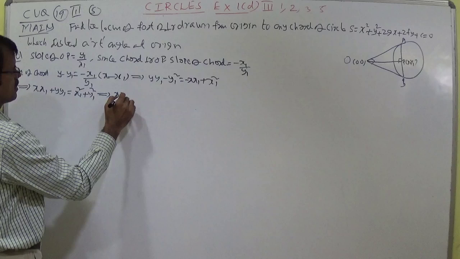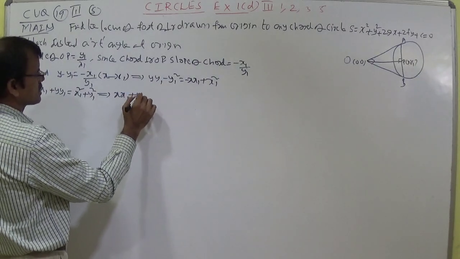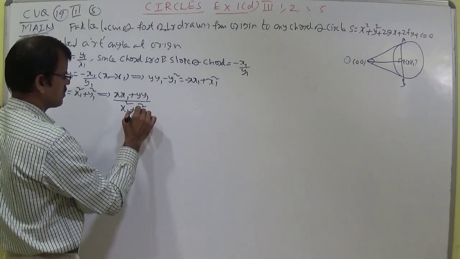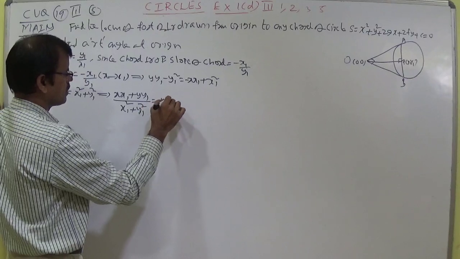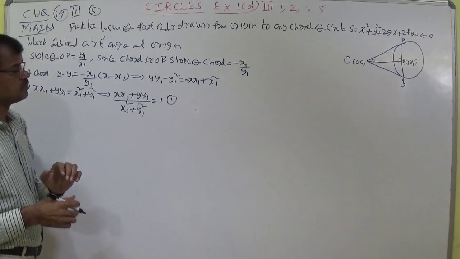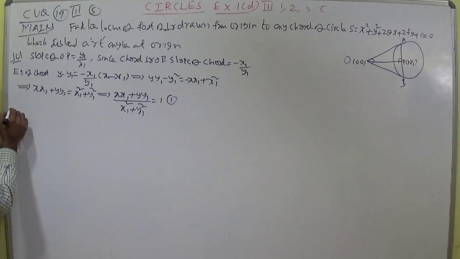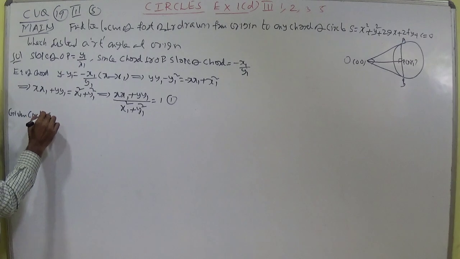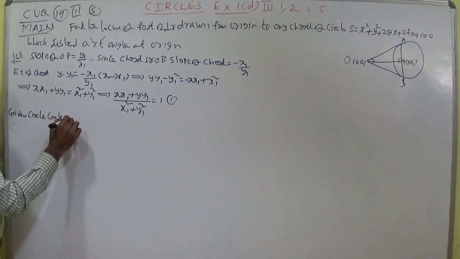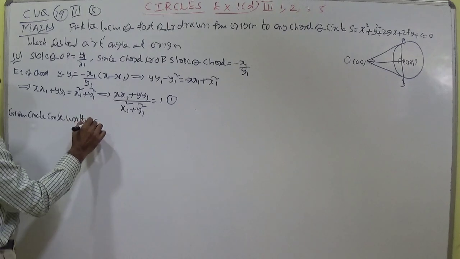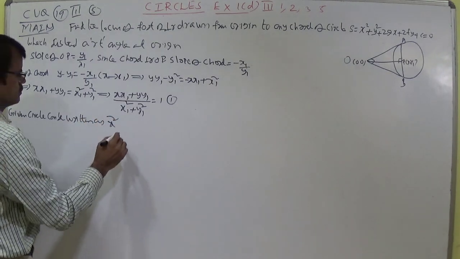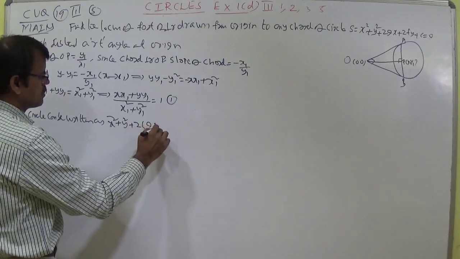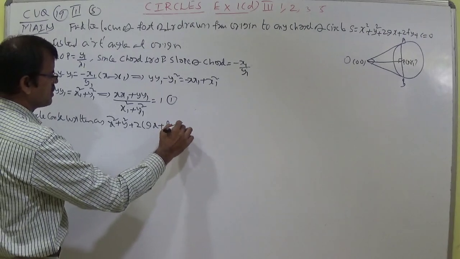That implies you can write this one as x x1 plus y y1 by x1 square plus y1 square is equal to 1. Let it be first equation. Now, given circle can be written as x square plus y square plus 2 into gx plus fy into 1.